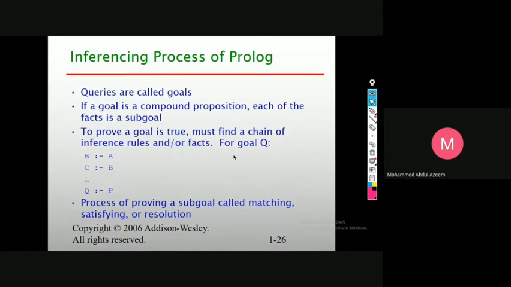In order to say that Q is true based on certain facts given to you, that is what the inferencing process is, and that is what theorem proving is. The process of proving a sub-goal is called matching, satisfying, or resolution.